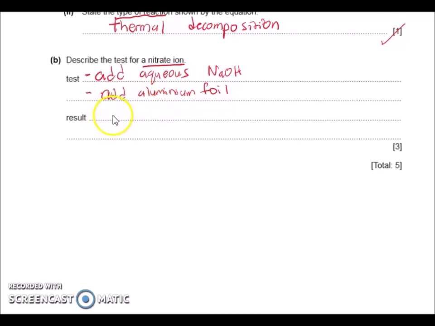And your results here will be ammonia gas will be produced. Okay, this is ammonia gas. Ammonia gas is being produced.